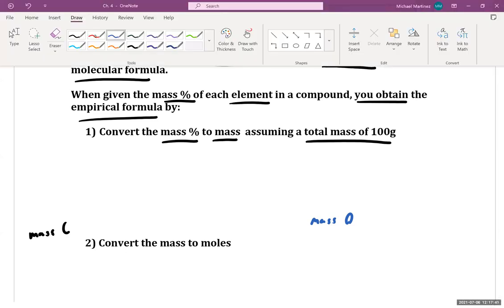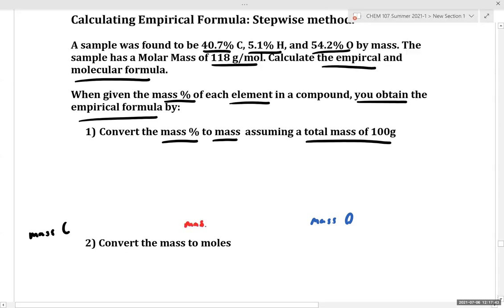So let's start off with that first step. So we're given the mass percentage and we can assume a total mass of 100 grams. So what would the mass of carbon, hydrogen, and oxygen be in this sample?